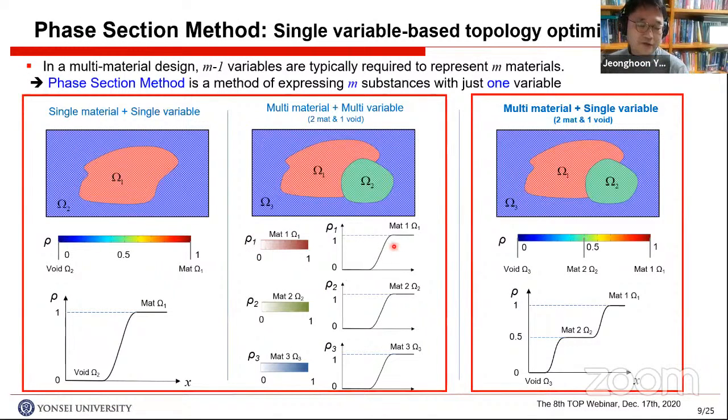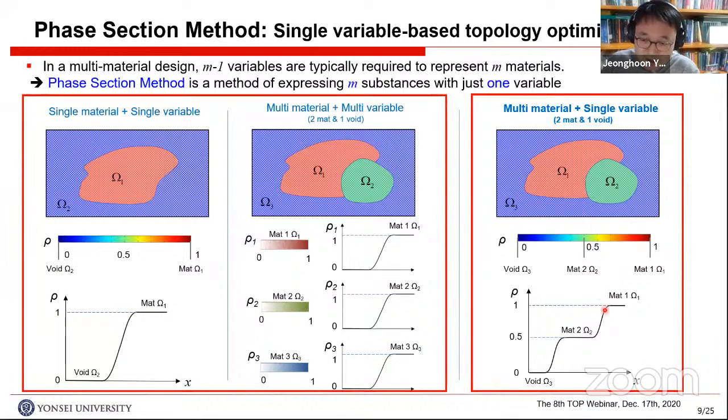For multi-phase material designs, we can consider 3 cases. The left case is the ordinary one, single material design with a single variable. This is widely used for topology optimization. For multi-material topology optimization designs, we usually use multiple variables, where each variable represents each material phase. But nowadays, a single variable based multi-material design is used.